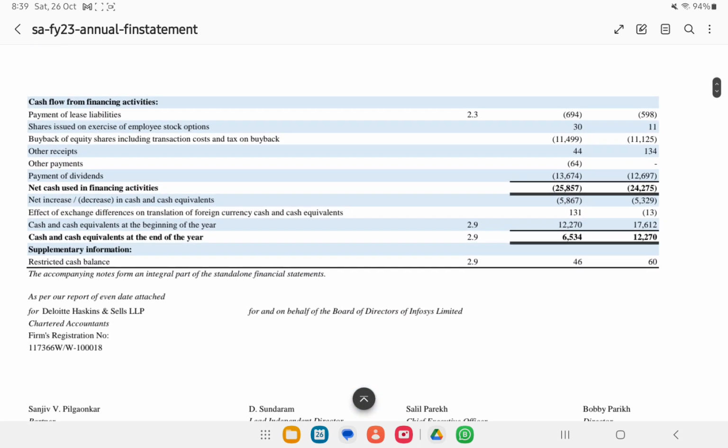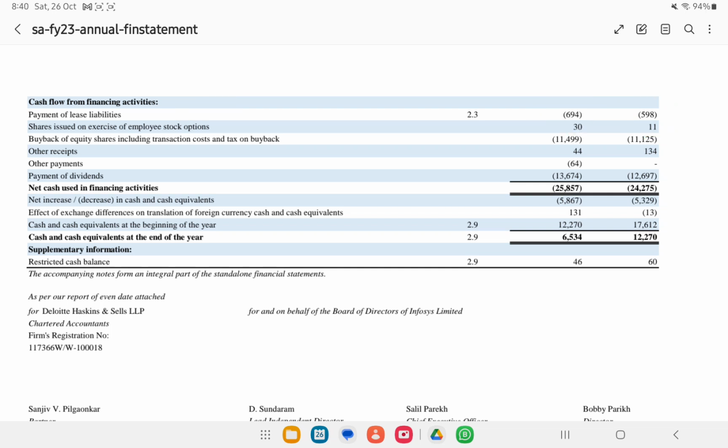Finally, moving to the third and final section of the cash flow statement, they show what happened to the cash flow through financing activity. See, they have payment of lease. Lease is a financing option. So the payment for lease is negative cash flow. That means it is cash outflow of the business.